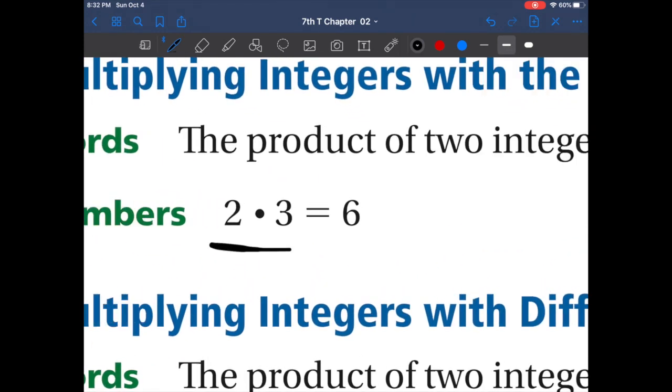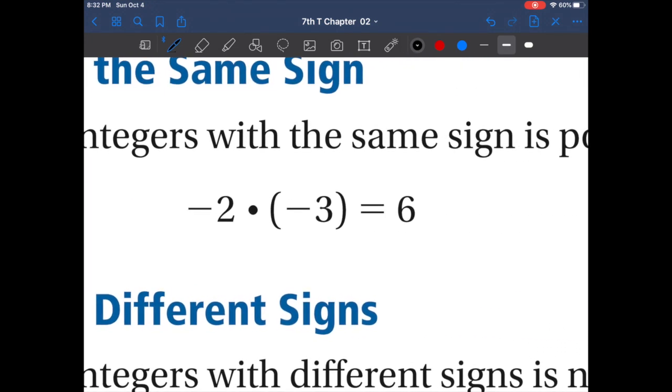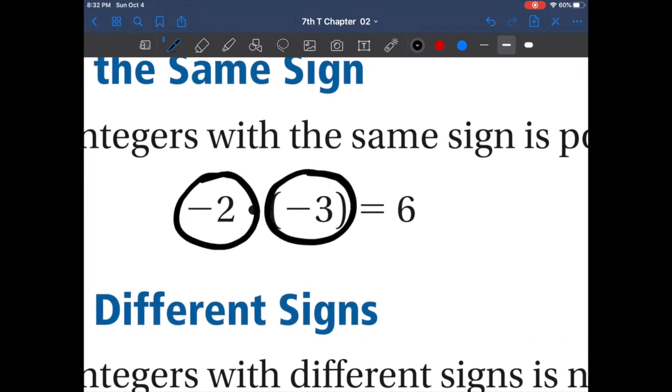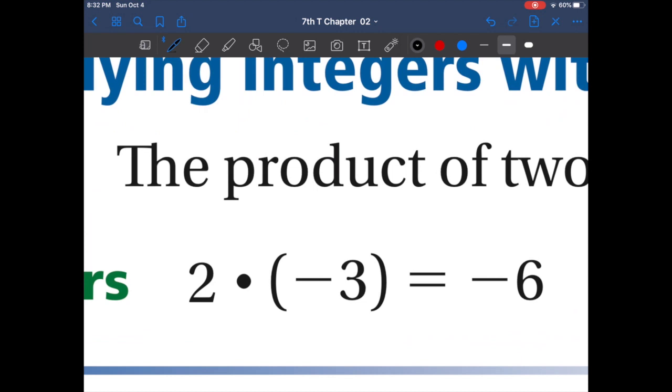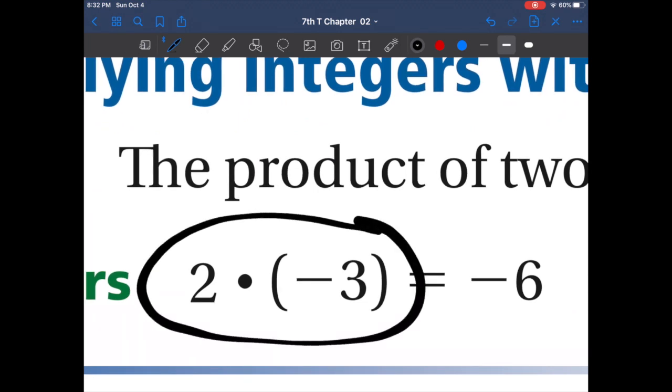We know this is simple. 2 times 3 would get us 6. But let's see. Are these the same signs? Yes, they are. So a negative times a negative gives us a positive. All right, different signs. Are these the same signs or different signs? Well, is that a positive 2 or a negative 2? That's a positive 2 because if it was negative, there would need to be a negative sign.